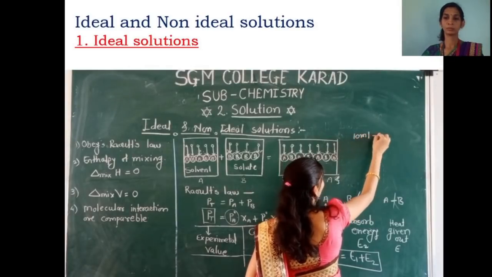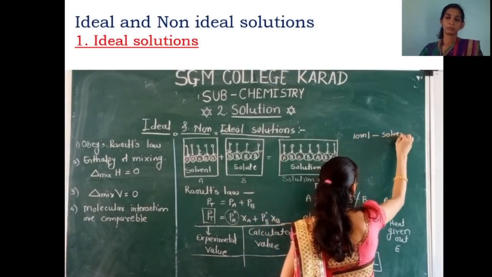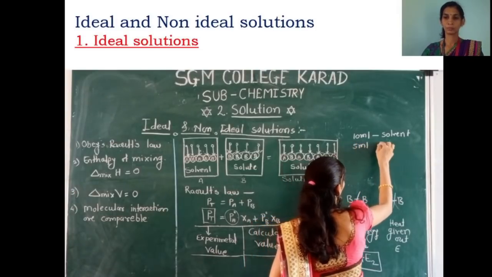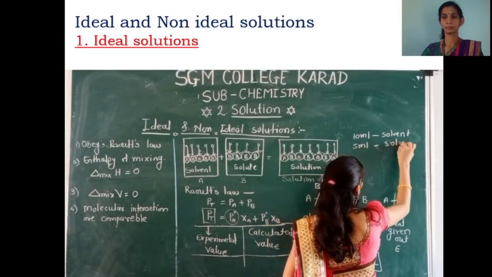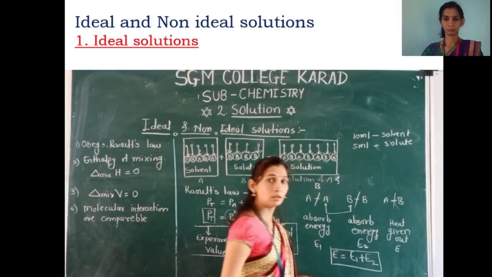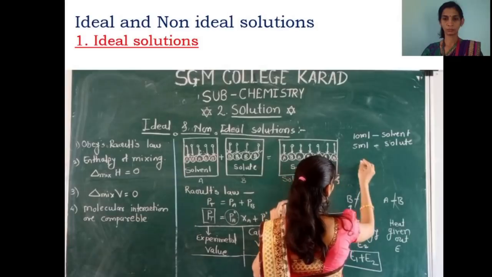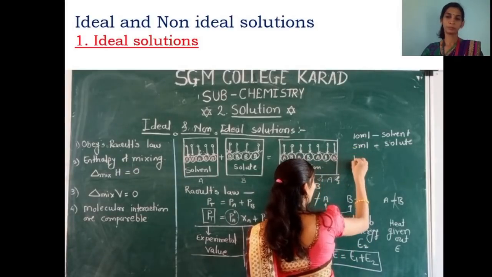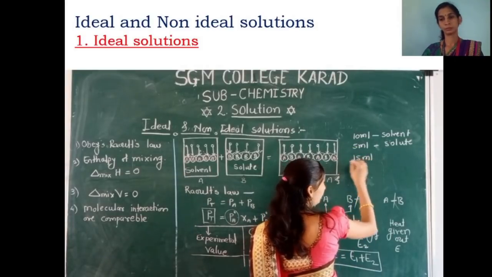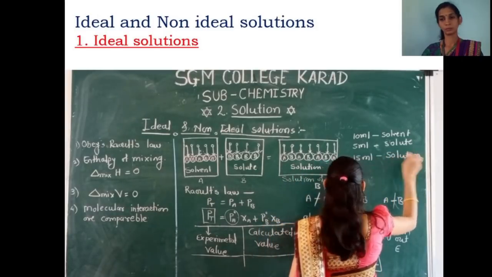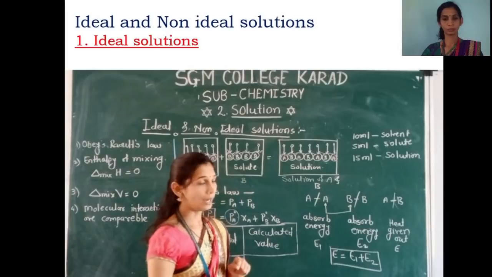Now the third point: if we are taking 10 ml of solvent and 5 ml of solute, then the total volume of the solution, if that volume becomes 15 ml of the solution, then that is our ideal solution.